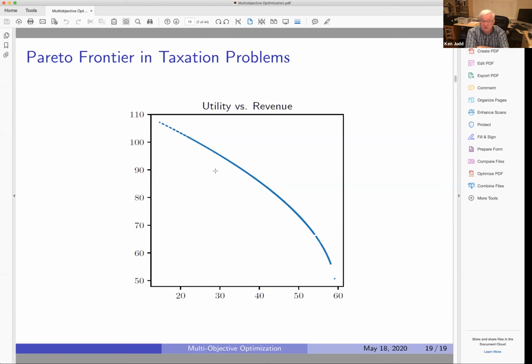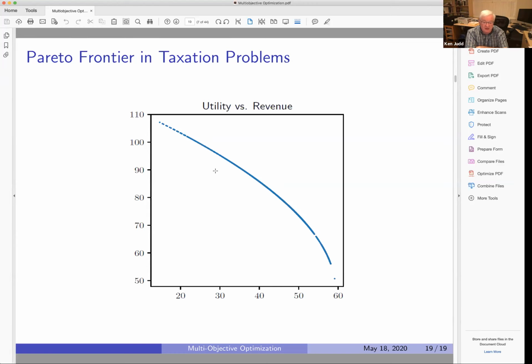If you have multi-dimensional agents that differ in some regard, then this utility would be some social utility function, which could be a weighted sum of individual utilities. So it's a criterion related to the utility of the individual agents.